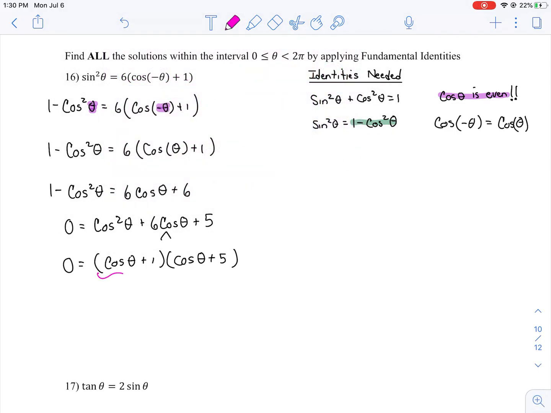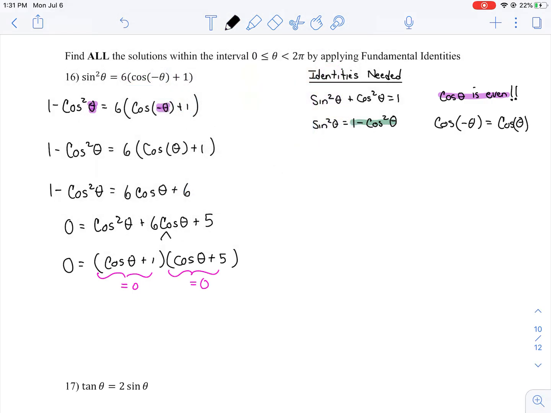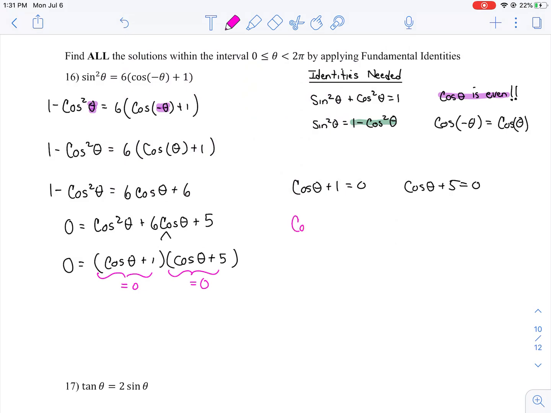And for this expression to equal 0, either cosine theta plus 1 has to equal 0, cosine theta plus 5 has to equal 0, or both. Solving the equation on the left, you'll have cosine theta is equal to -1.